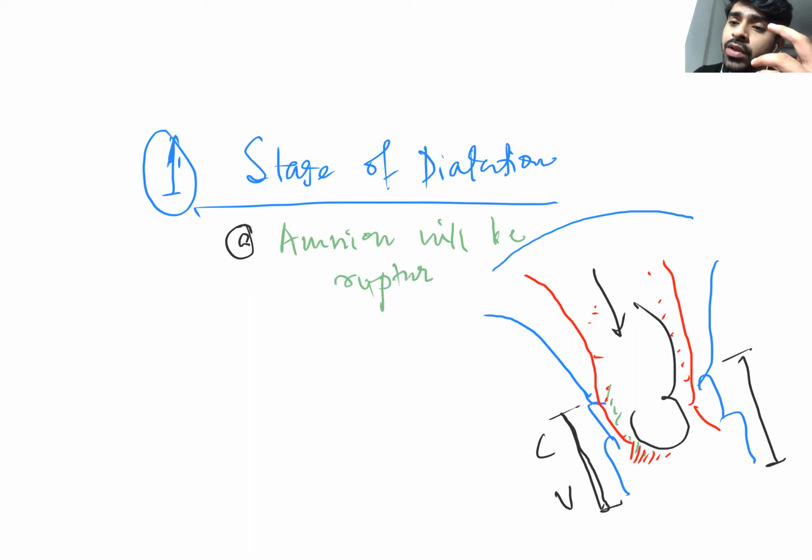And when the amnion is ruptured, what do you expect to come out from the vagina?